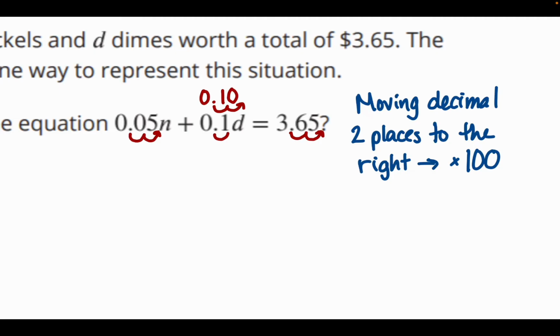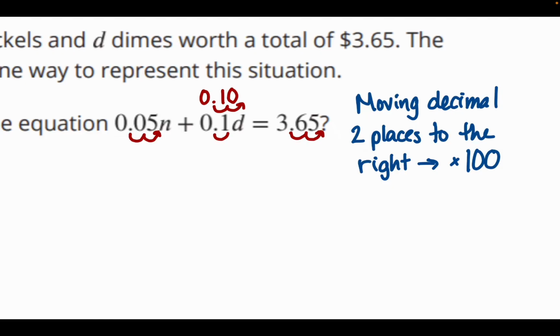So if you were doing this on a calculator, you could do that same thing. And 100 makes sense because there are 100 cents in a dollar. So we're really just representing this as cents instead of in fractions of a dollar.